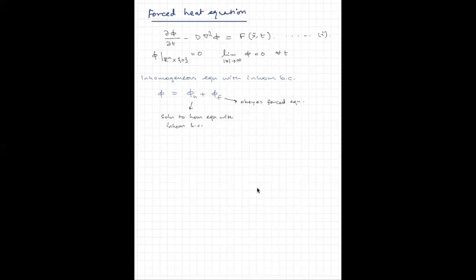Okay, now in order to solve one, we want to use a Green's function, and the Green's function is going to look like the following.